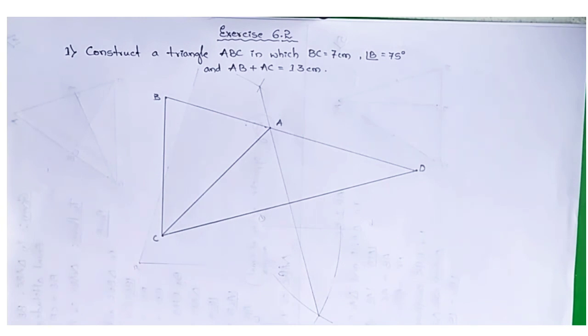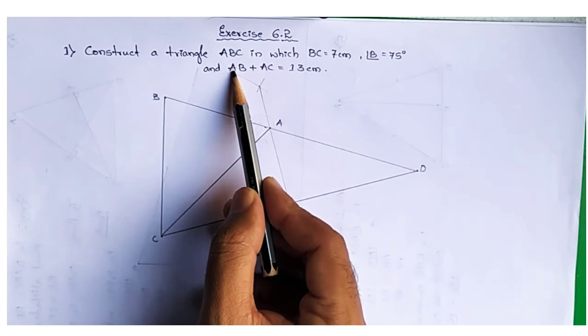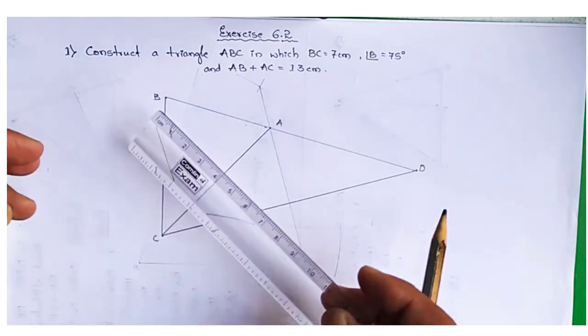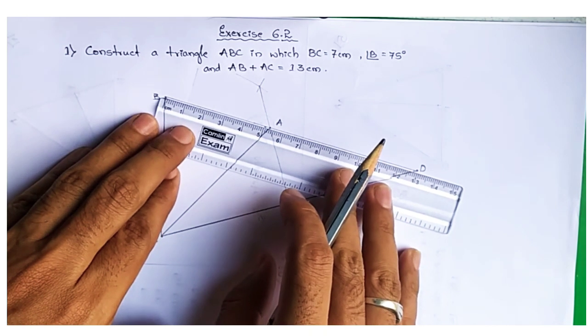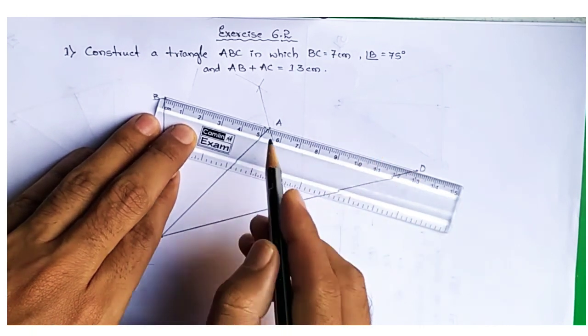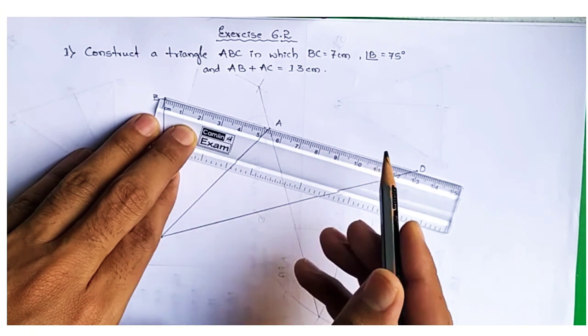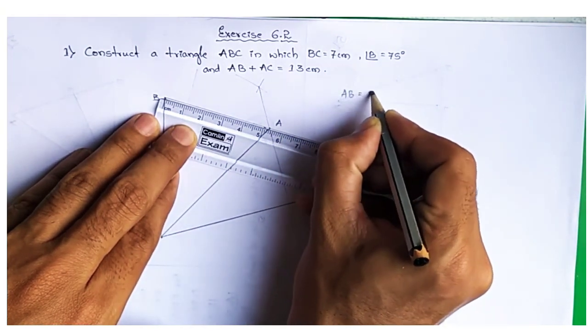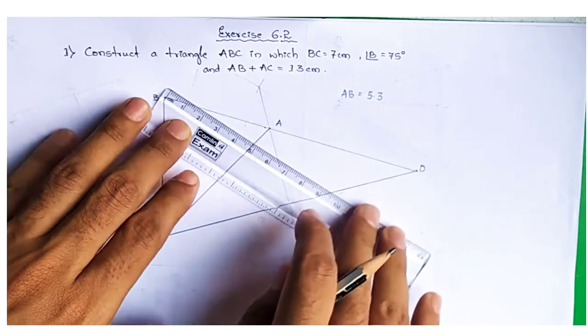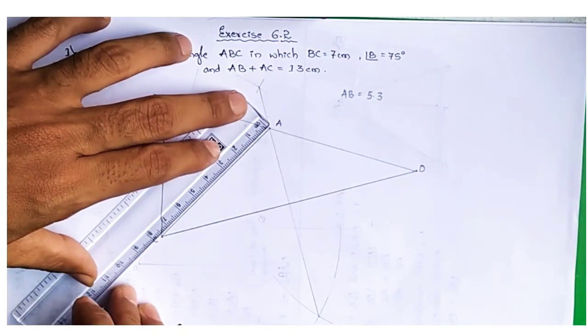For the cross check, what is AB plus AC? Check it. AB is 5.3. Now check the AC.